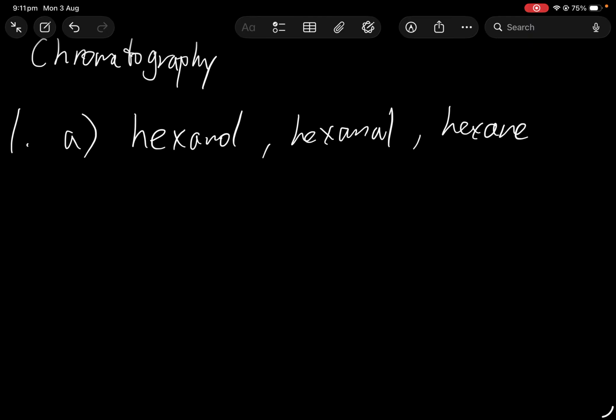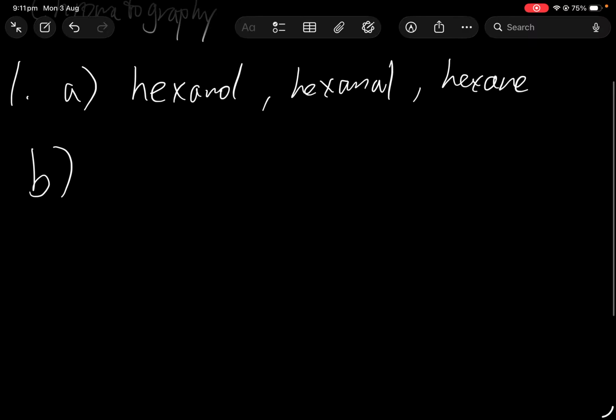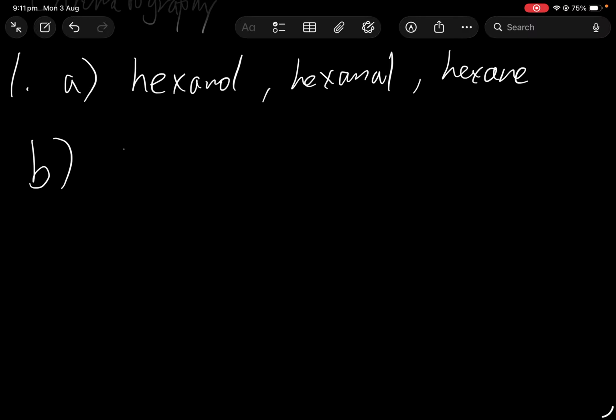For part two, it says justify your order by identifying the intermolecular forces. Basically, what I was explaining.